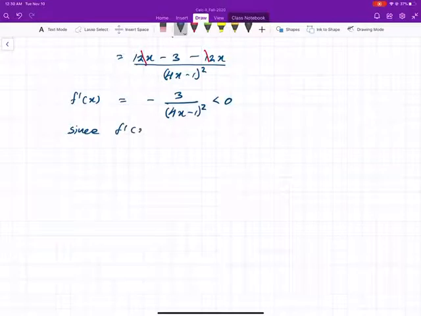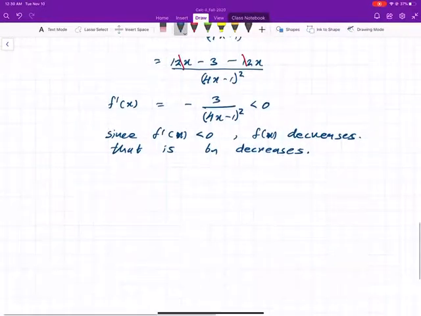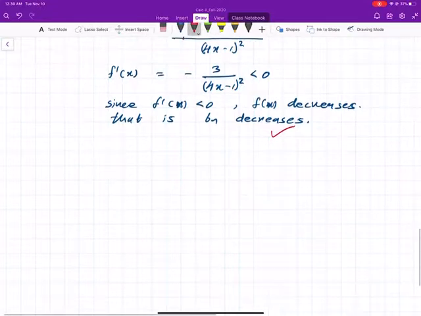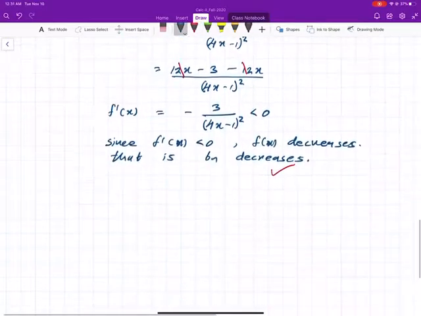Since f prime of x is negative, f of x decreases. That is, Bn decreases. Alright, now the first point is checked. You have just proved that Bn decreases. Now you have to show that Bn goes to 0 when n goes to infinity. That is 1, this is 2.